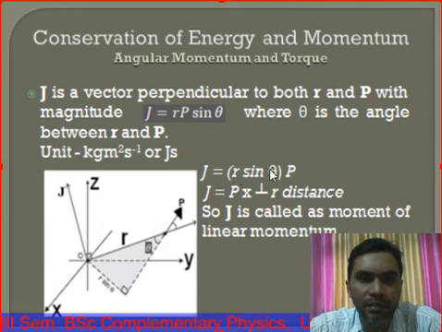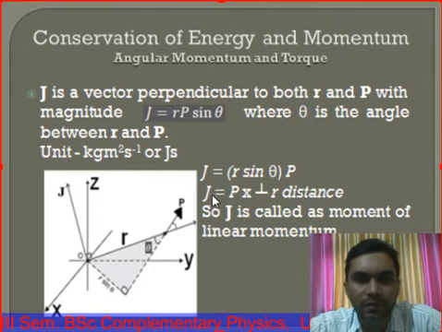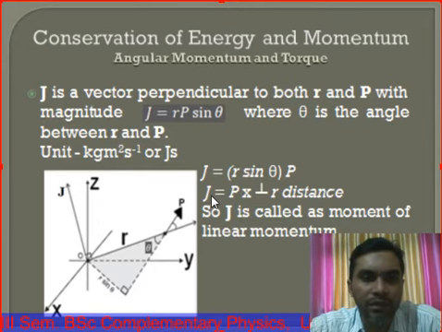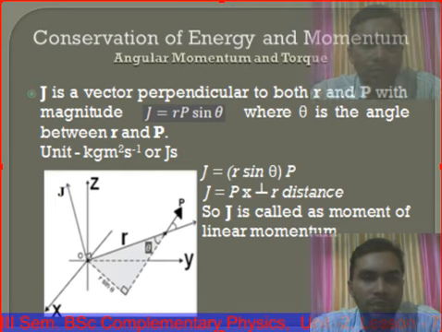So we can write this equation as P into perpendicular distance. So the magnitude of angular momentum is obtained by multiplying linear momentum with its perpendicular distance from the reference point. So J is called the moment of linear momentum.